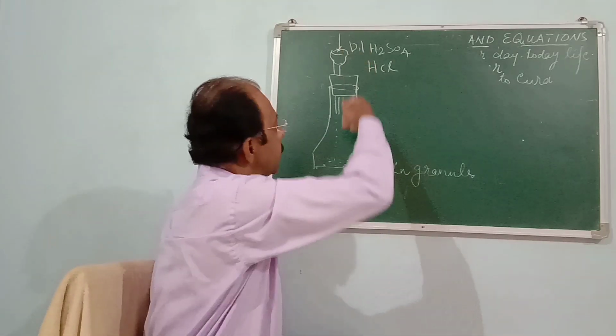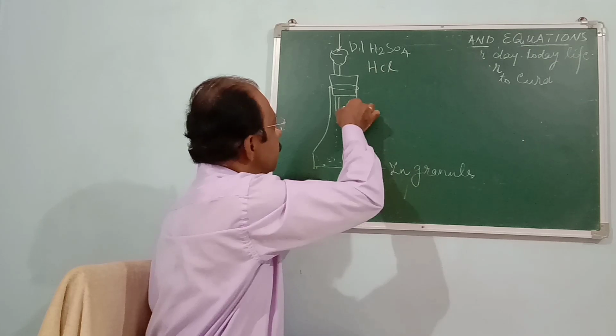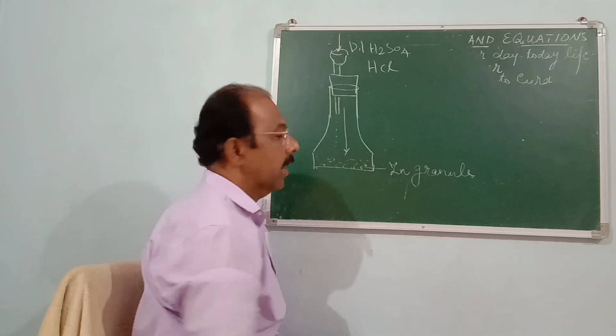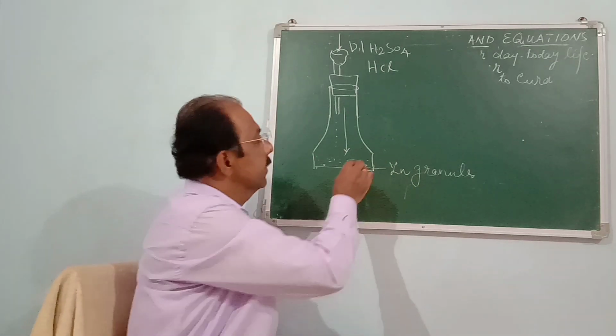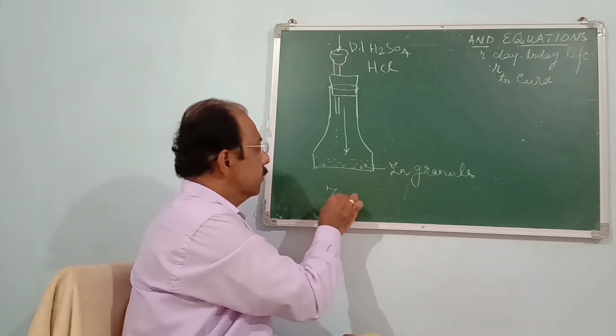So by adding hydrochloric acid, as per your textbook, hydrochloric acid is used, and as you add hydrochloric acid to the zinc granules, the following reaction takes place.